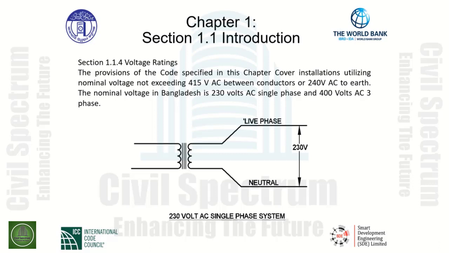Indicated below is a 230 volt AC single-phase system. This is located on the secondary winding of the transformer.